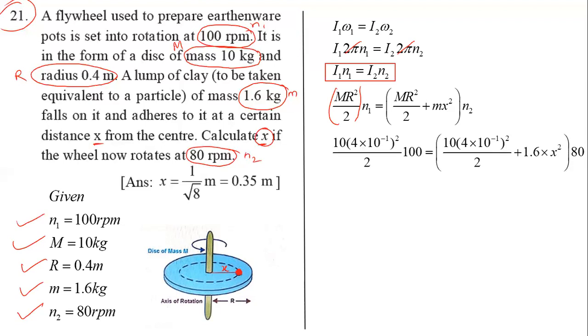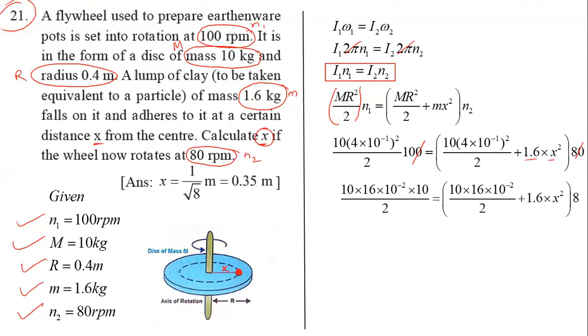Now here we substitute mr² divided by 2 and 100. Here also we substitute mr² by 2 plus m and this x², multiplied by 80. Now we can cancel the 0s.